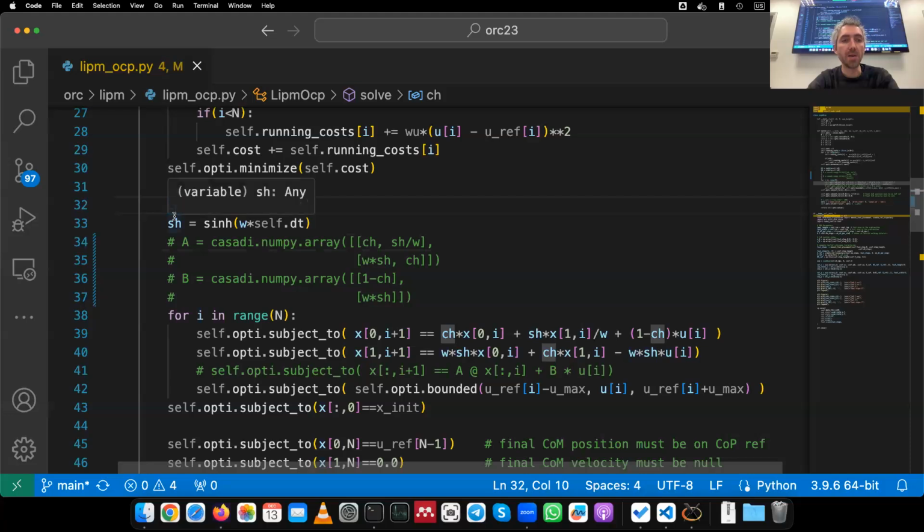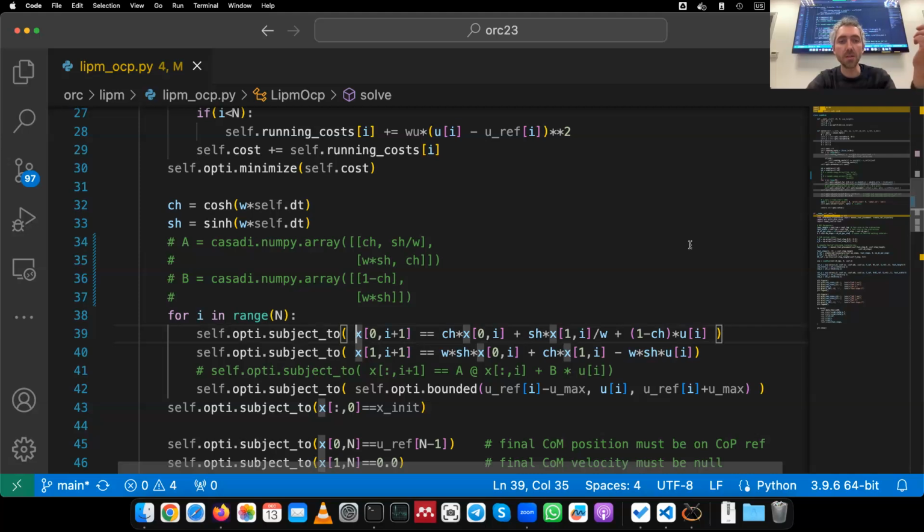We define the hyperbolic, cosine, and sine, which are part of the dynamics as we introduced it before. And we introduce the dynamics as constraint into the problem. So we compute the next center of mass position as a function of the current state of the center of mass and the current center of pressure. And we do the same for the center of mass velocity in the second line.